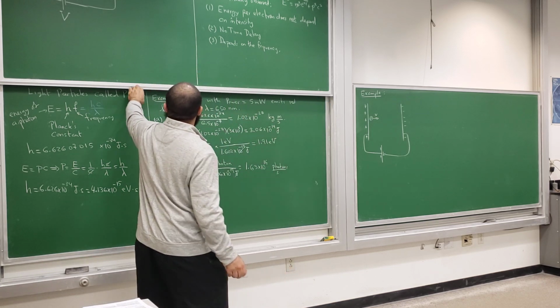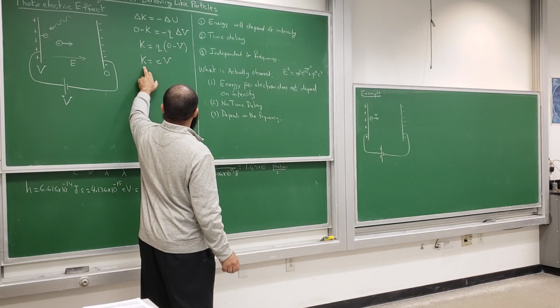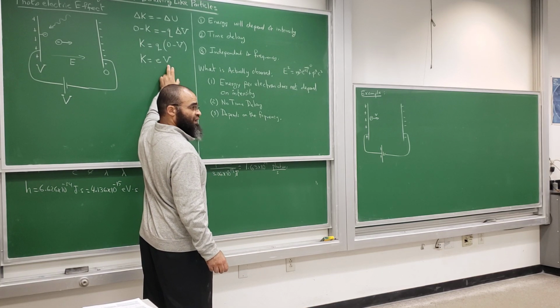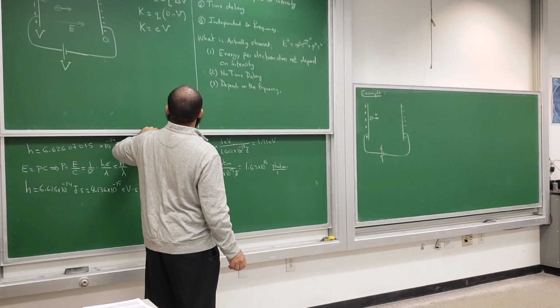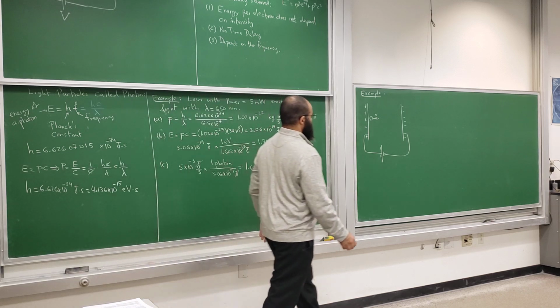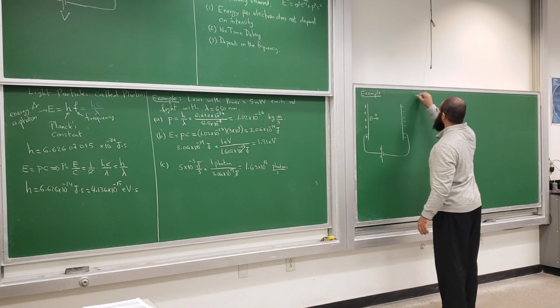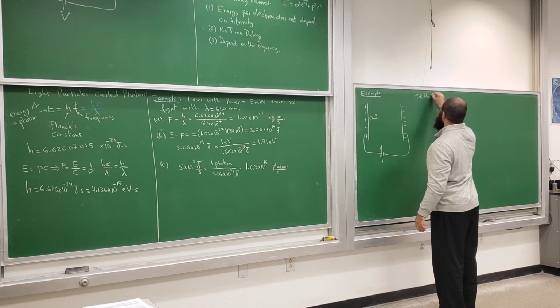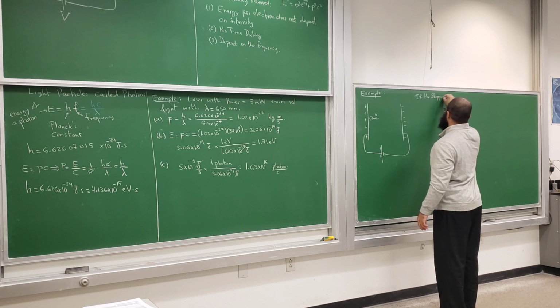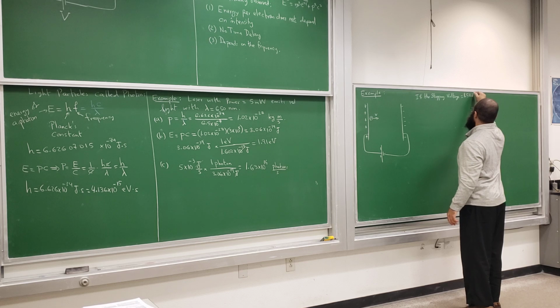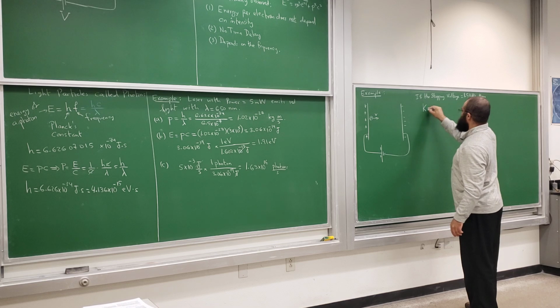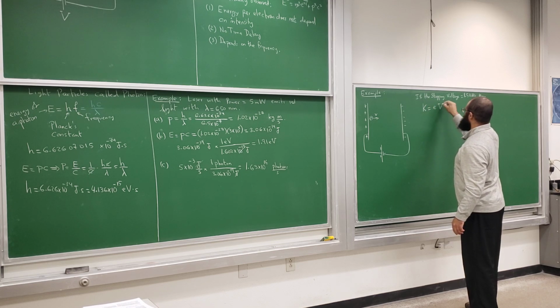And so we get this. Their kinetic energy is their charge times V. This e here is the magnitude of the charge. So if the stopping voltage is given, then the kinetic energy is equal to the charge of an electron times the voltage.